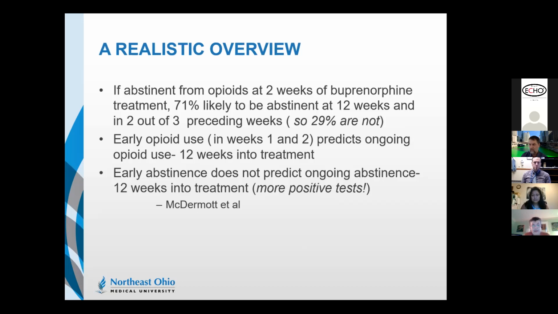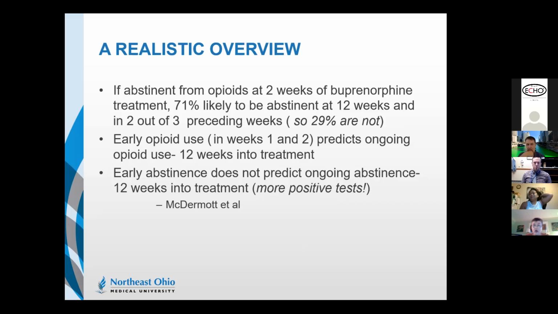Here's McDermott's study that I often cite for different reasons. And if we wrap our mind around it, it's telling us that when a person starts buprenorphine treatment in this study, if at 2 weeks into their treatment they were abstaining, about 3/4 were likely to be still abstinent from opioids at 12 weeks, and in 2 out of the 3 preceding weeks, meaning about 30% of people are not going to be abstinent from opioids.